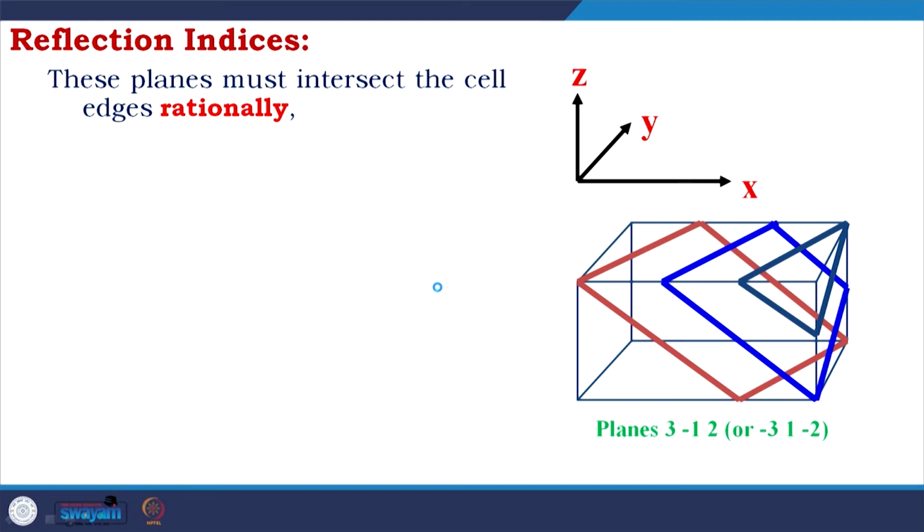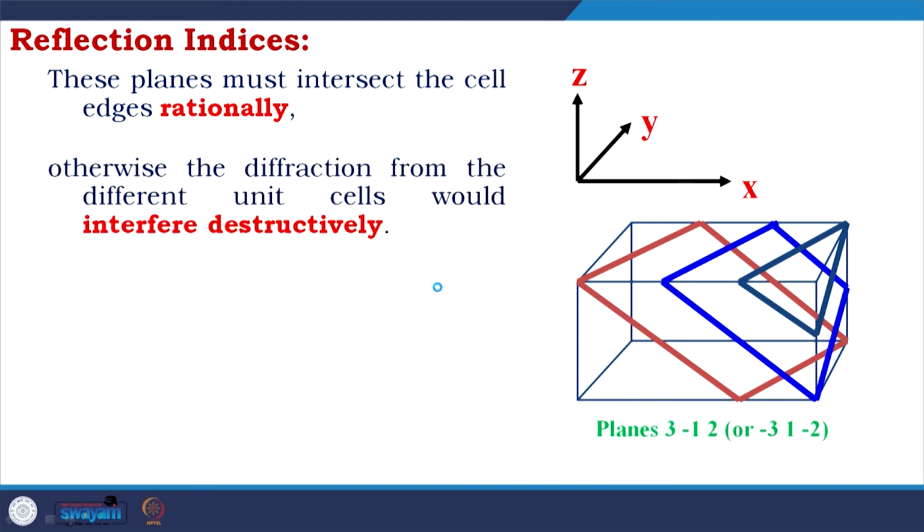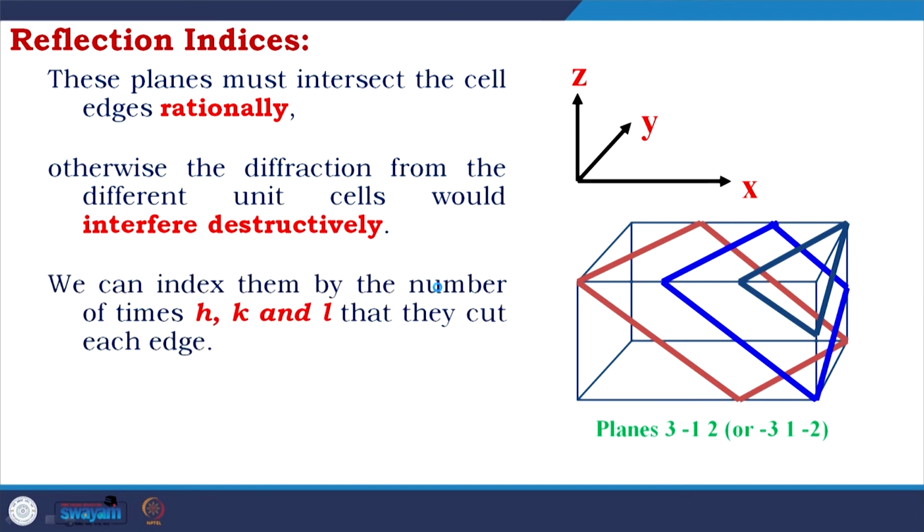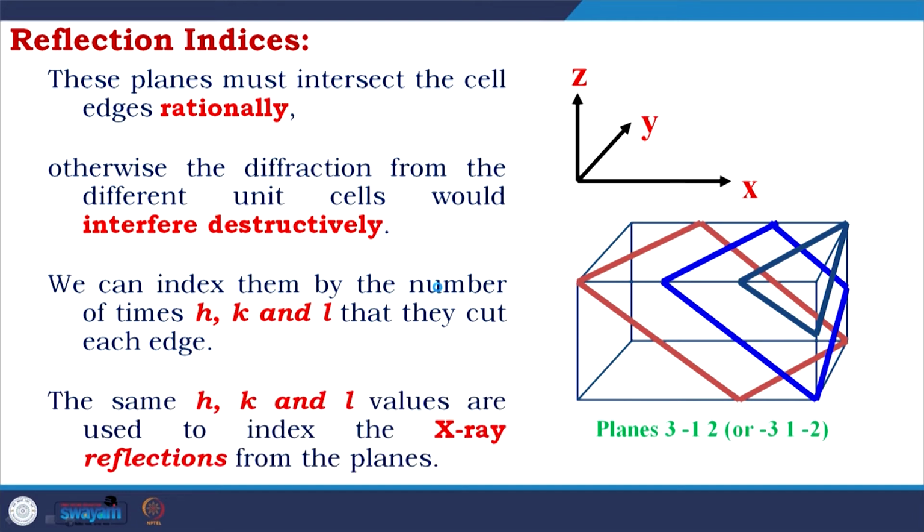Otherwise, the diffraction from the different unit cells would interfere destructively, that is the condition. We can index them by the number of times HKL that they cut each edge. The same H, K and L values are used to index the X-ray reflection from the plane.